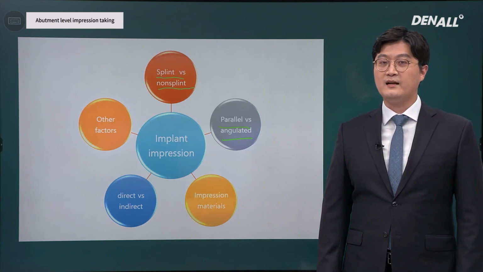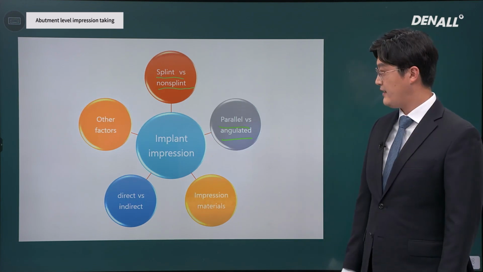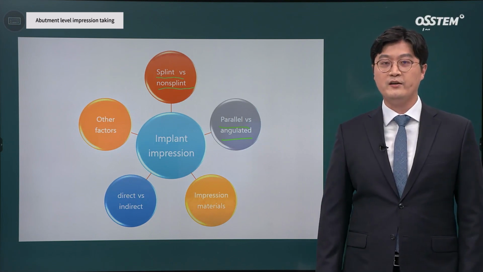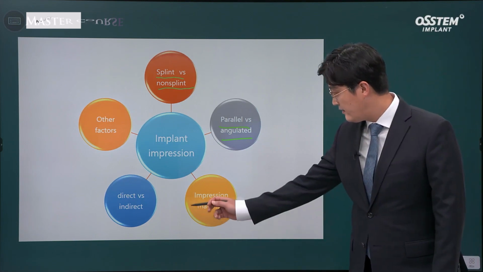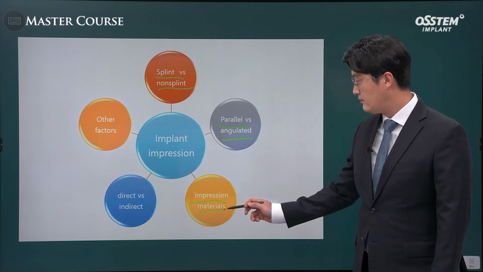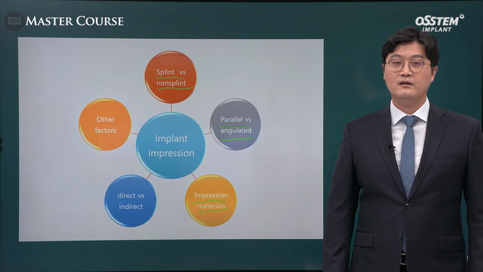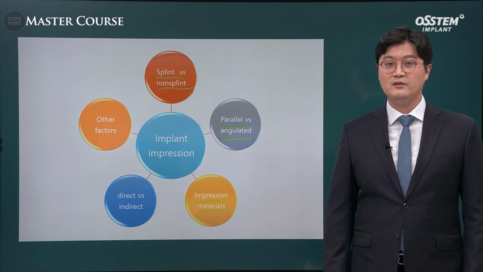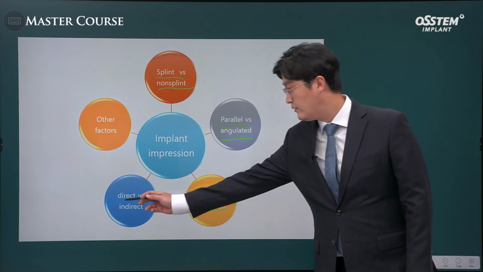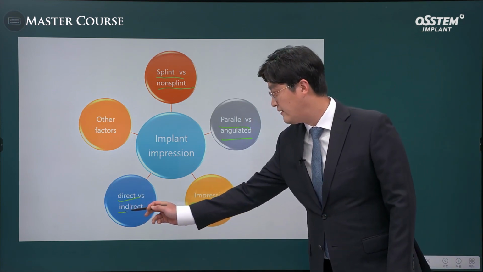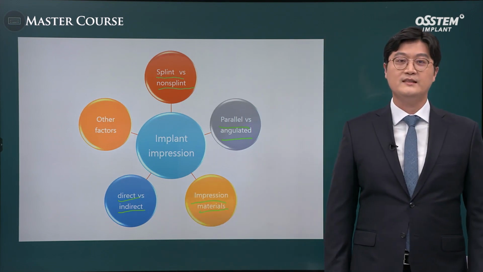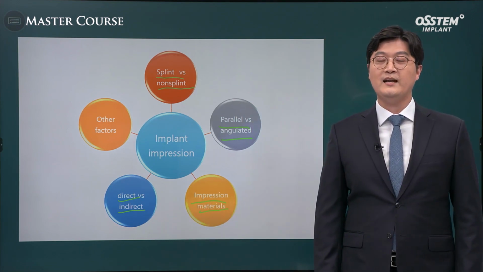So can the directions of implants placed, whether parallel or angulated. Also, impression materials can make a difference. Stock abutments or abutments, direct versus indirect impression taking can also make a difference.